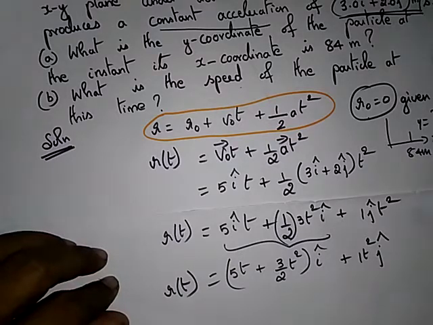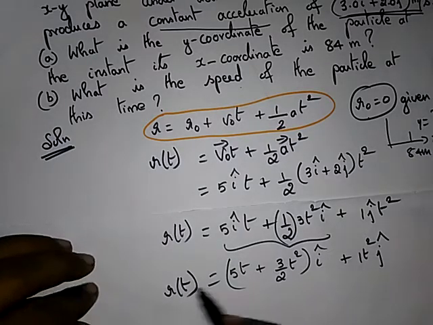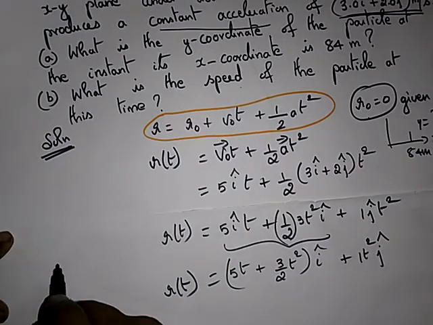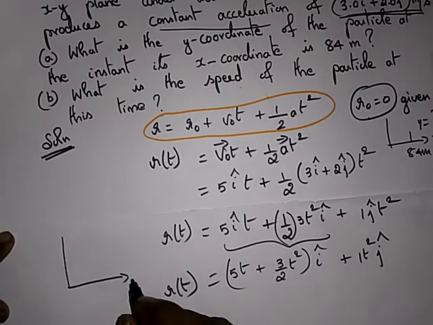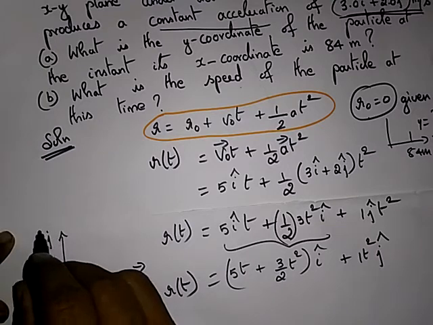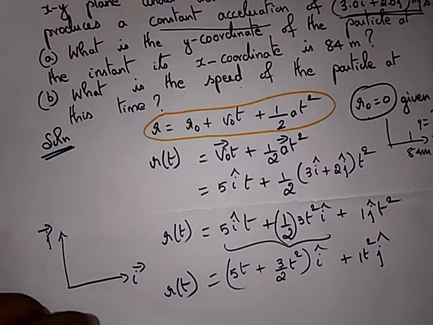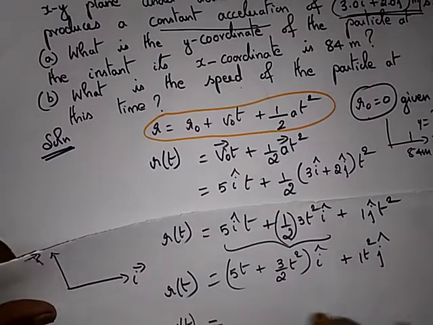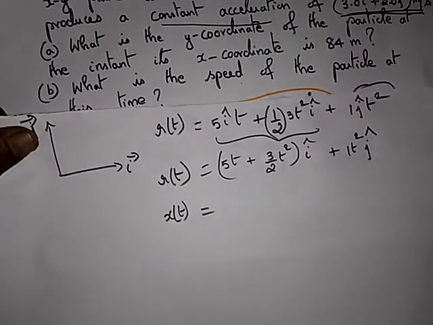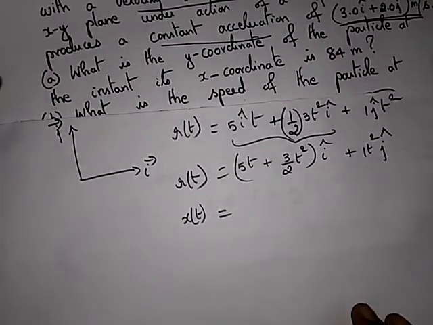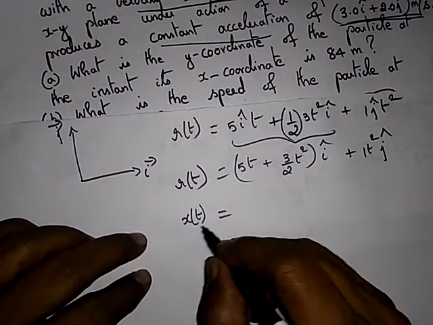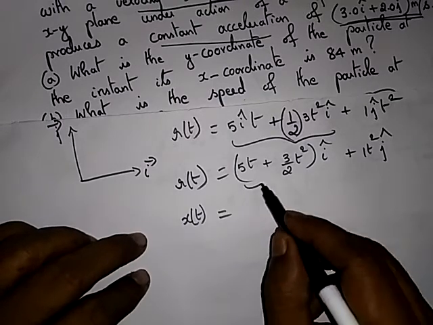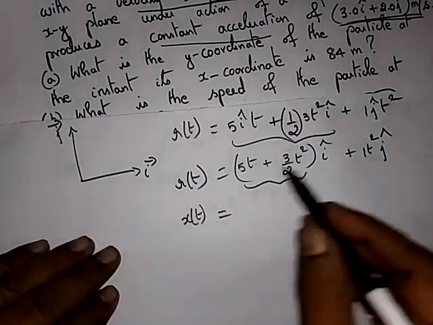Okay. Now this is the i vector and this is the j vector. Now therefore x of t, so we are resolving into two components, x component and y component. So what is the x component? This is the x component, the i component, and this is y.